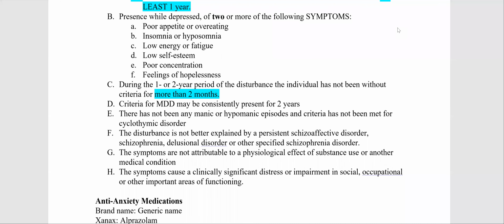The symptoms cause clinically significant distress or impairment in social, occupational, or other important areas of functioning. And I'm going to say that quite a bit because most disorders are going to have that criteria as well, because it has to have a clinically significant impact within the situation.